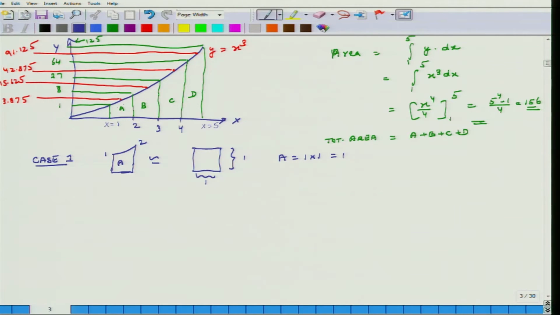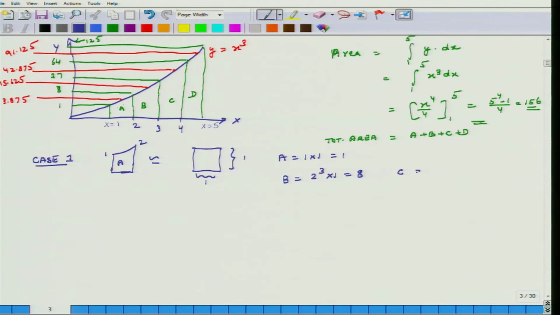Okay. Because this height is 1, cube of 1 is 1, right? Similarly, for area B, it is 2 cube into 1, which is equal to 8, right?